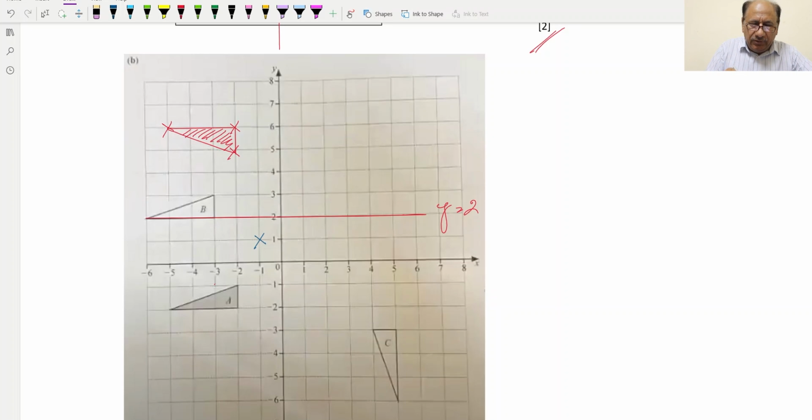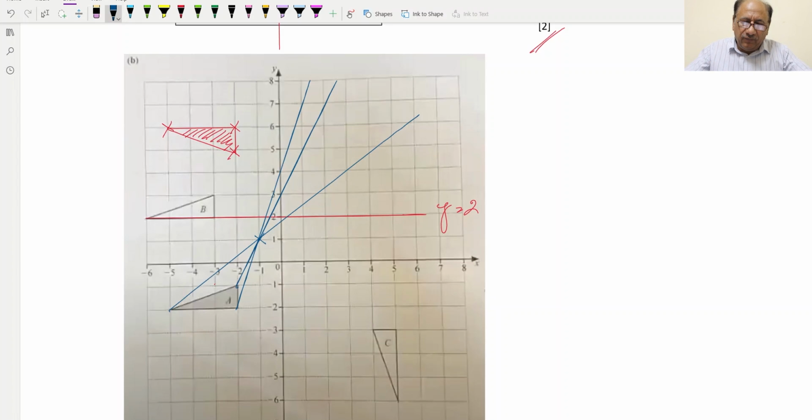This line will be passing through this one, and the second line should also pass through this, which is over here. This is the second line which we have drawn, and the third line also we can draw over here.